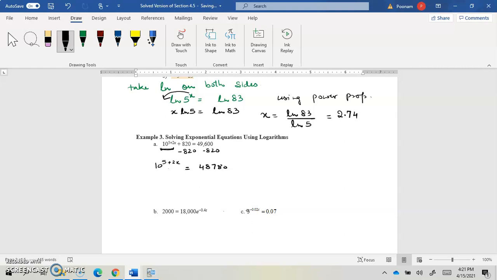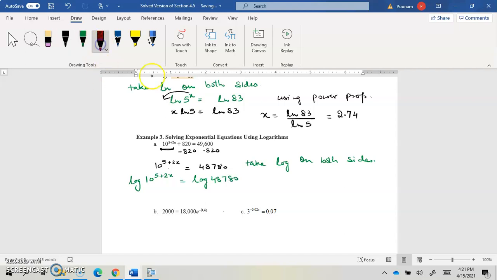We have to take log on both sides. So until now I said you can take any log, but in this case the base here is 10, right? So it's preferable to take common log on both sides. You will see why. So we have log, which is common log, of 10 raised to power 5 plus 2x is equal to log of 48,780.